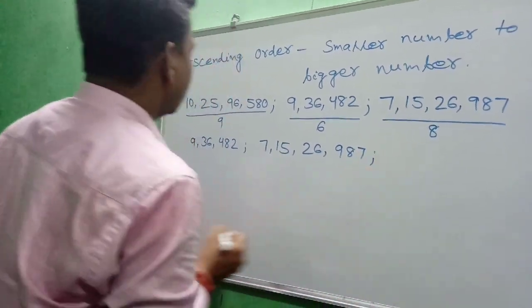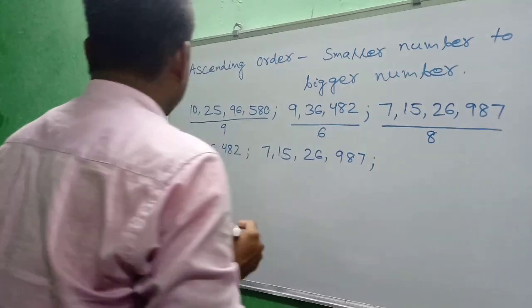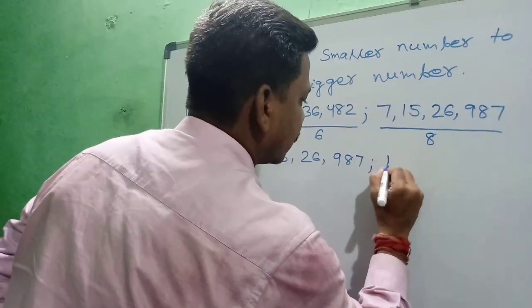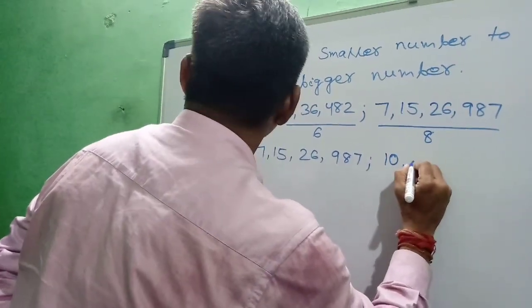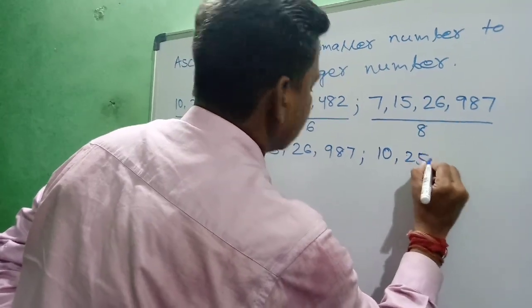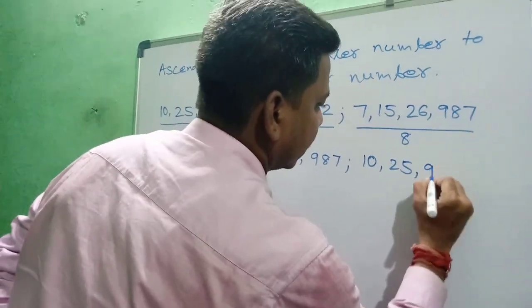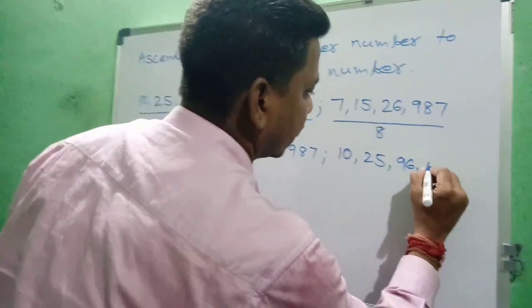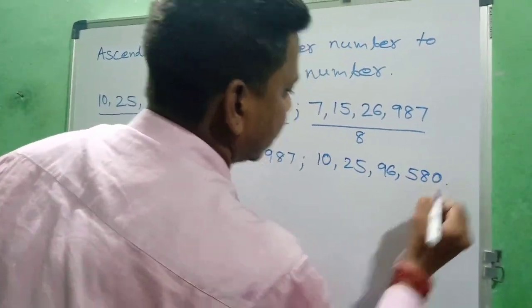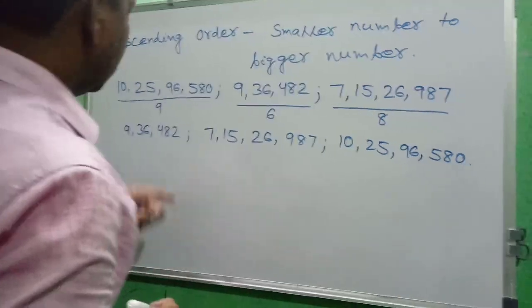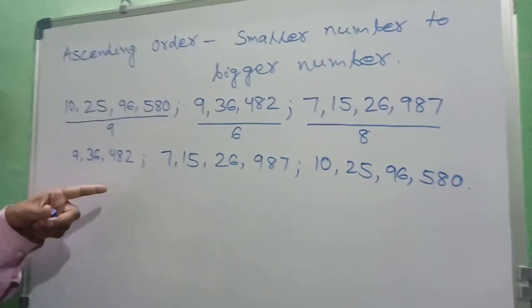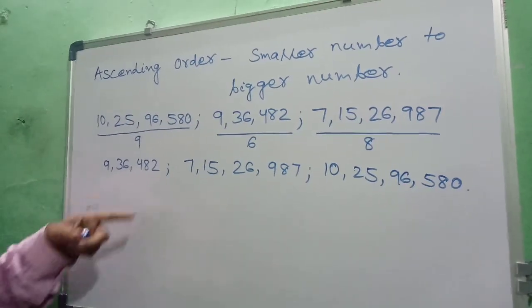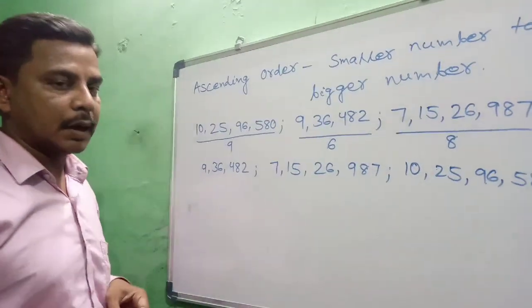And then the bigger number is 10 crore 25 lakh 96,580. Okay, we can put less than symbol in place of this colon mark or comma.